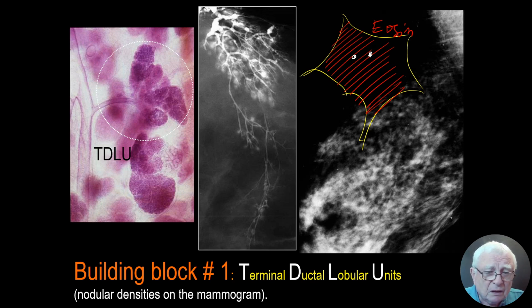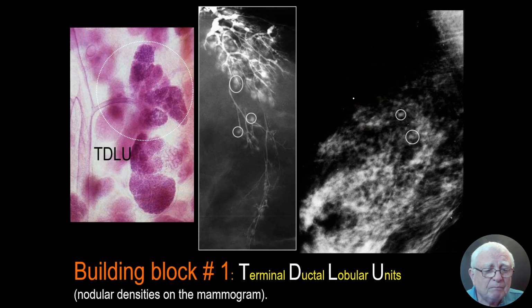It hides the TDLUs, hides the ducts. And when cancer develops, even that is hidden. We are going to talk about all these, but you have a lecture about the solution to imaging dense breasts.